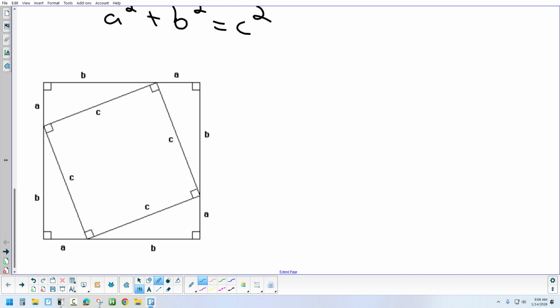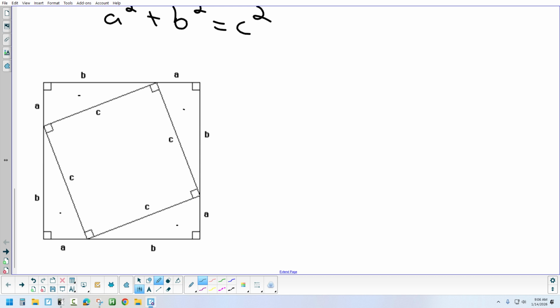What I've drawn here is basically a square and then another square inside it. Each side has been labeled. All of these four triangles that are created by the square and the other square that's rotated inside it are all congruent.